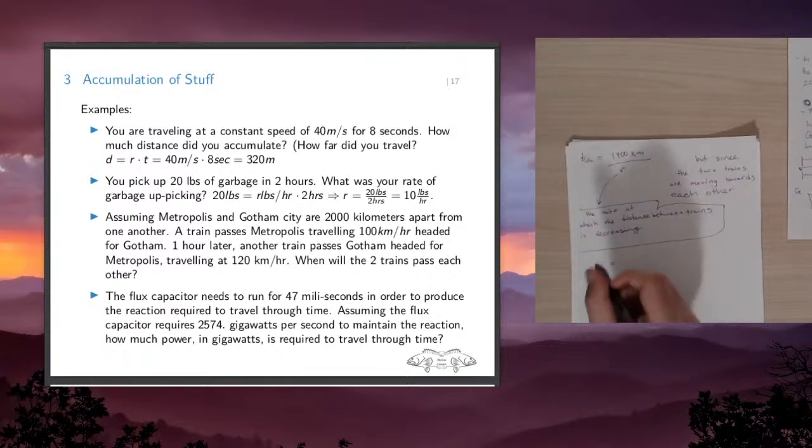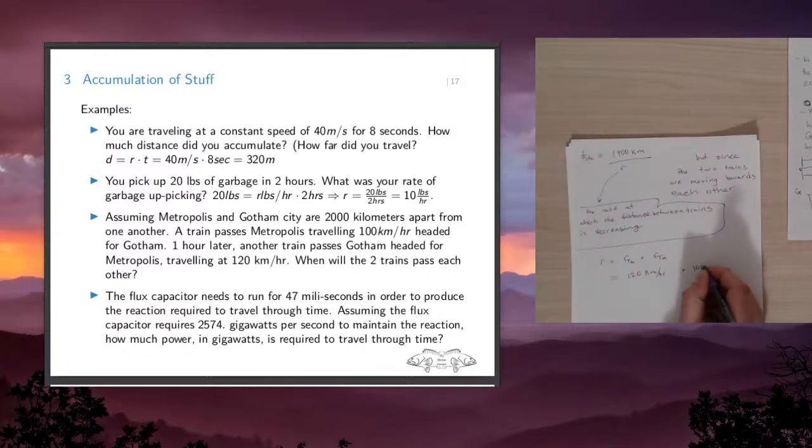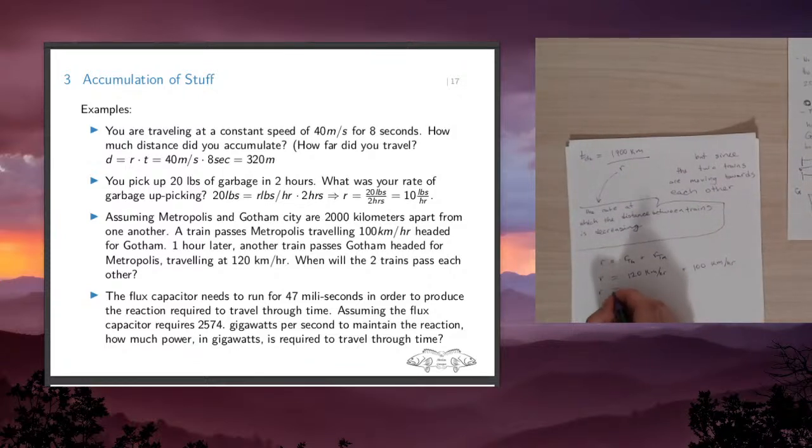So this is going to be the R of the train from Gotham plus the rate of the train from Metropolis, right? And we know that the one from Gotham is 120 kilometers per hour, and the one from Metropolis is 100 kilometers per hour. So the total speed, our rate at which the distance between trains is decreasing, is 220 kilometers per hour.